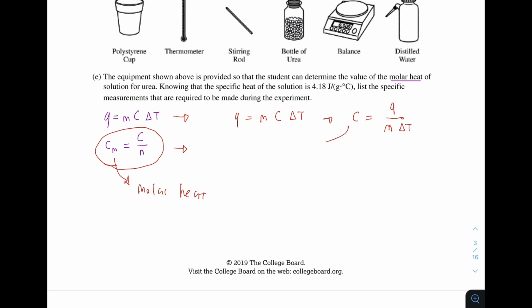And we can plug this in over here. So the molar heat will equal the heat divided by the mass divided by the change in temperature, all over the number of moles.